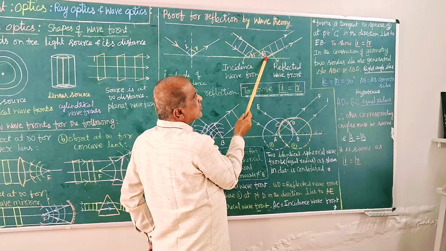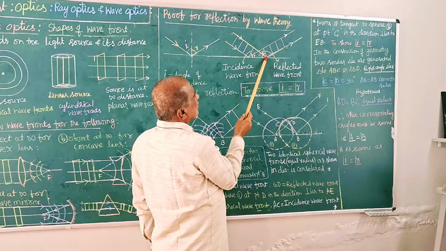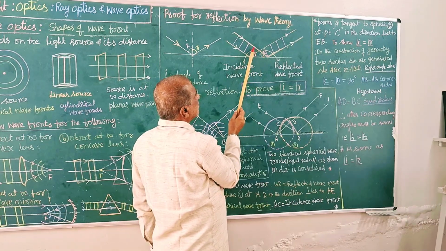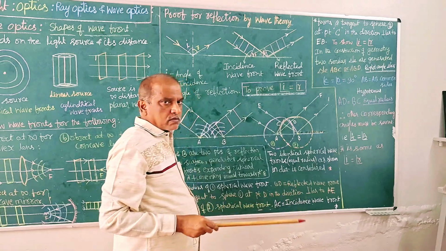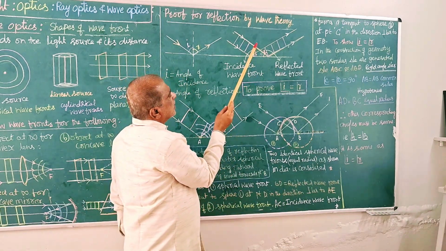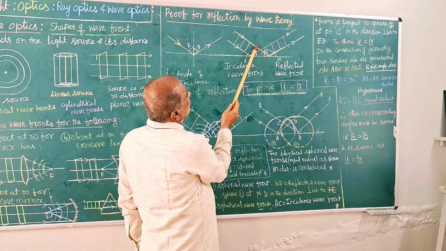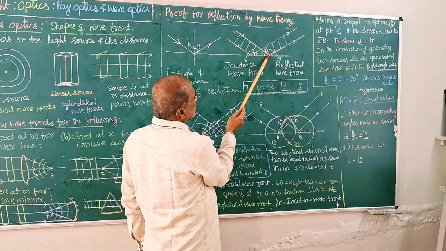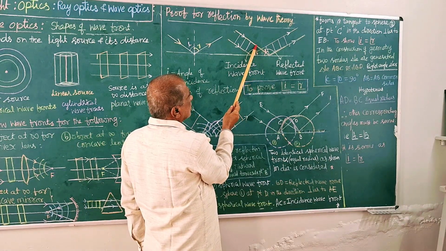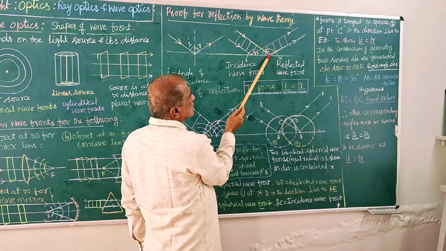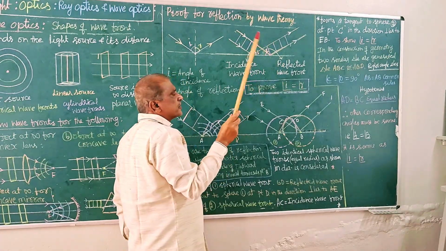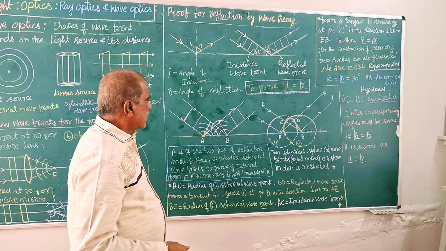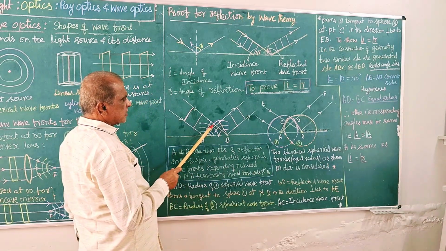What would be the shape of the wavefront when the light is traveling from this point to this point? Up to this point it is flat. Then how are the wavefronts generated from this point to this point? Here it is not planar. They are spherical in shape. What is spherical in shape? Let us take this diagram.